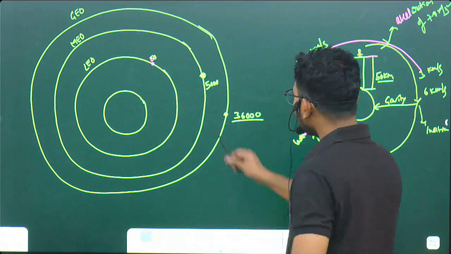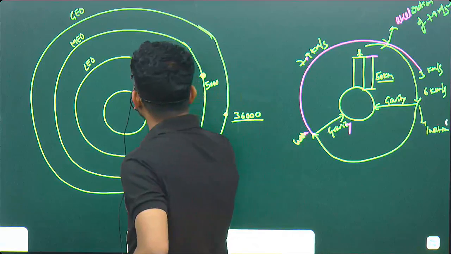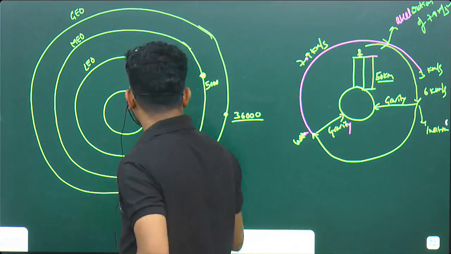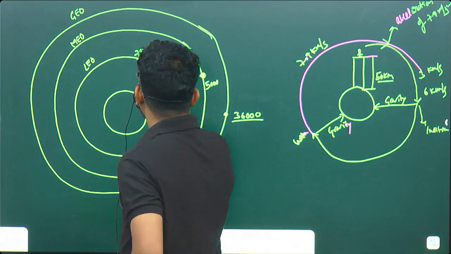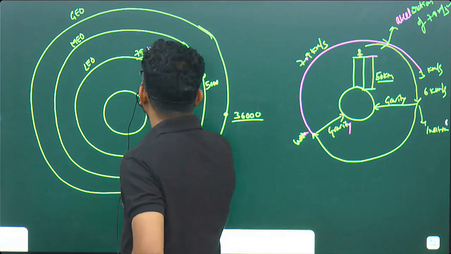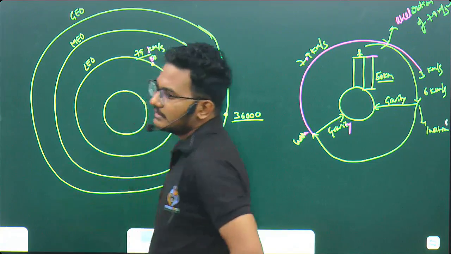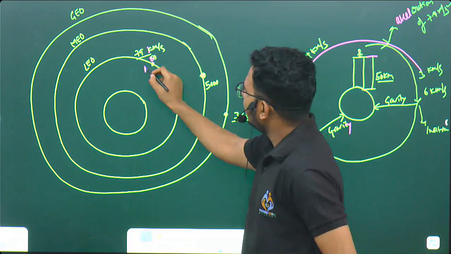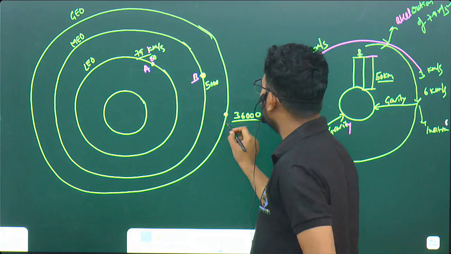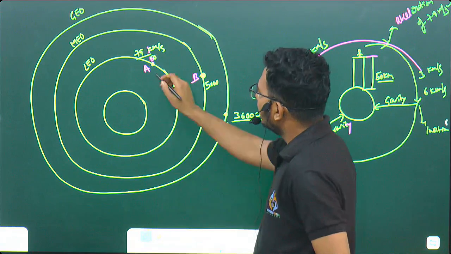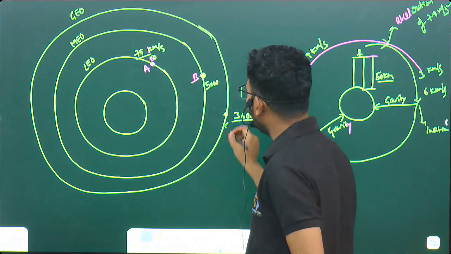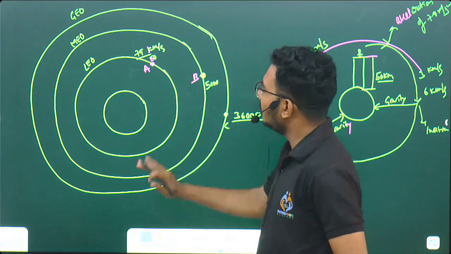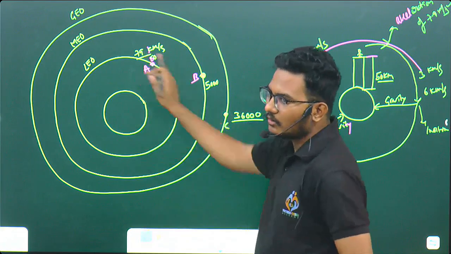Here it is at 50 kilometers, and the speed must be 7.9 kilometers per second. Now this is point A, point B, and point C. Gravitational pull will be there at all of them. Now the gravitational pull will be maximum at A or C?